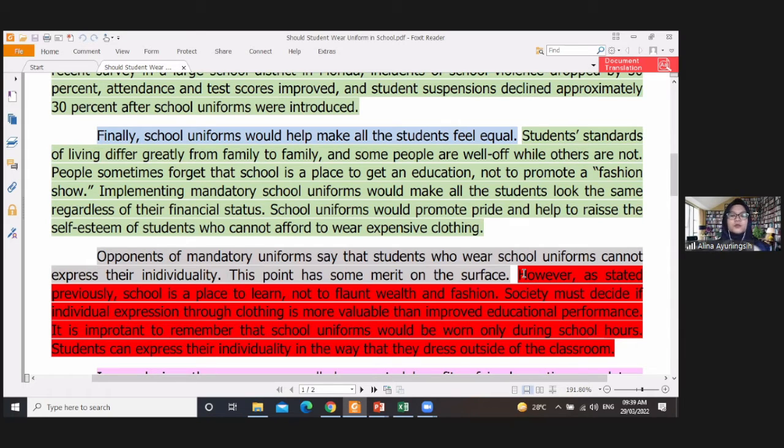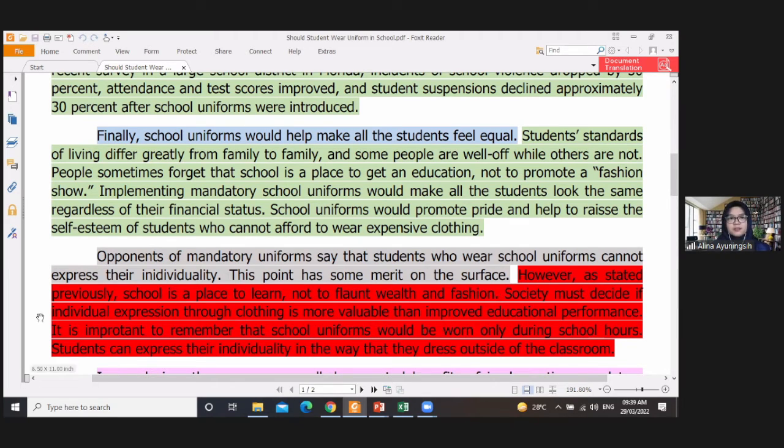So because we already put the rival or the opponent's idea like, yes, it is very good, but then at the same time we put them down. So here, however, as stated previously, school is a place to learn, not to show off fashion.